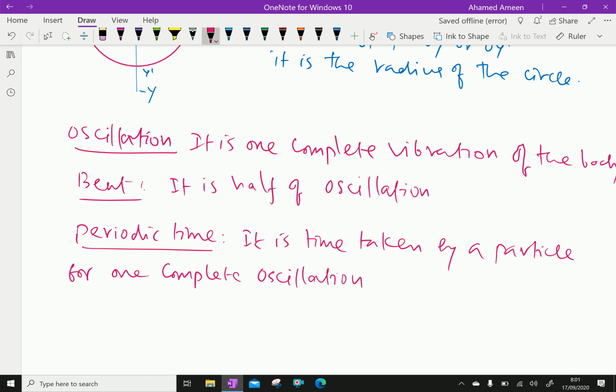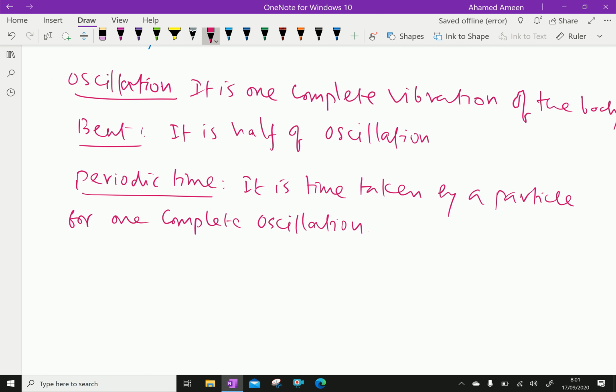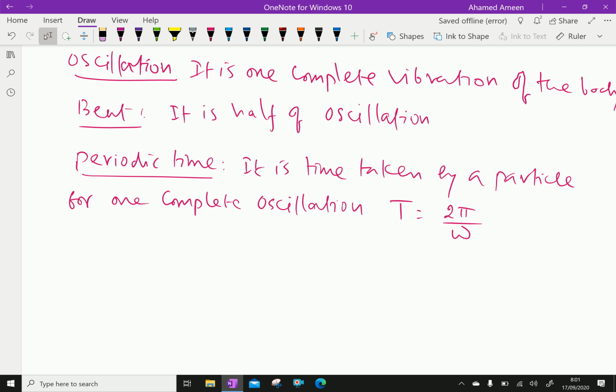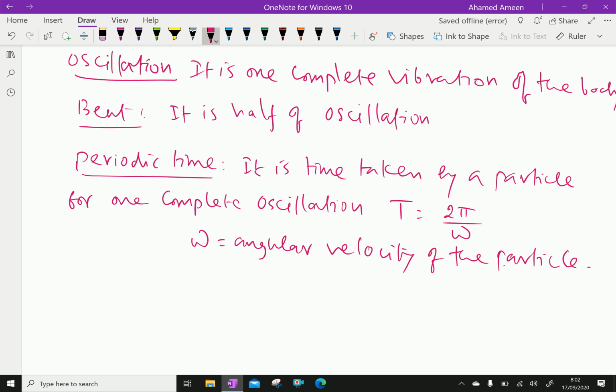This time period we can write as T equals 2 pi by omega. Here T is the time period, and omega is the angular velocity of the particle in radians per second.